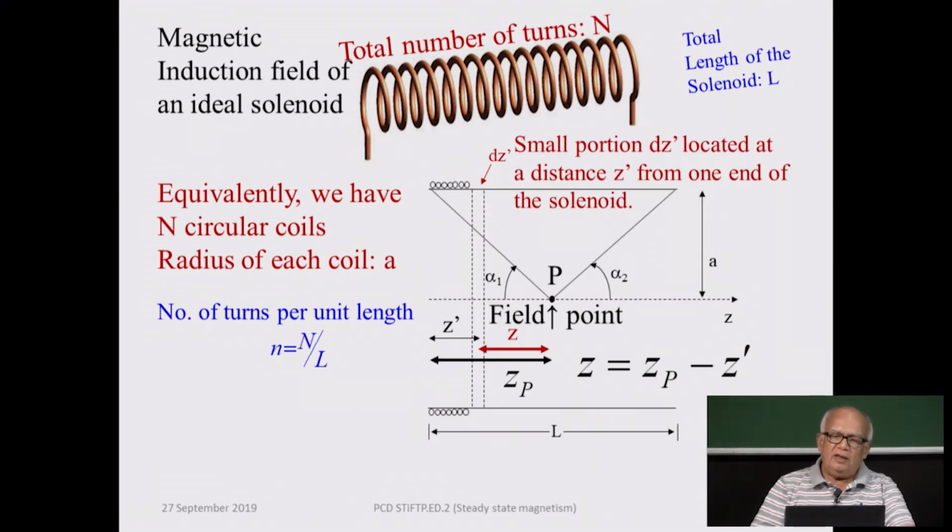And now you can determine the magnetic field at a point inside the solenoid. So, let us determine it at a point P on the axis.